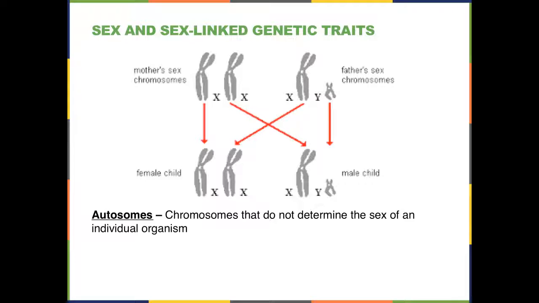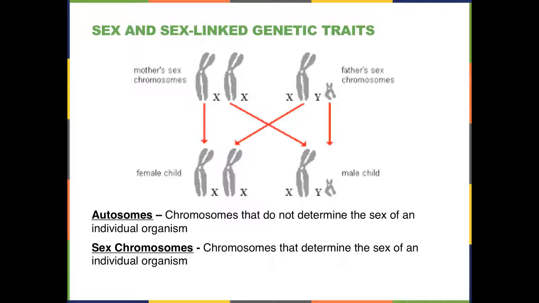And autosomes, or an autosomal trait, is a trait that's carried on chromosomes that do not determine the sex of an individual. So in humans, we have 23 pairs. 22 of those 23 pairs are non-sex related, or autosomal, or autosomes.